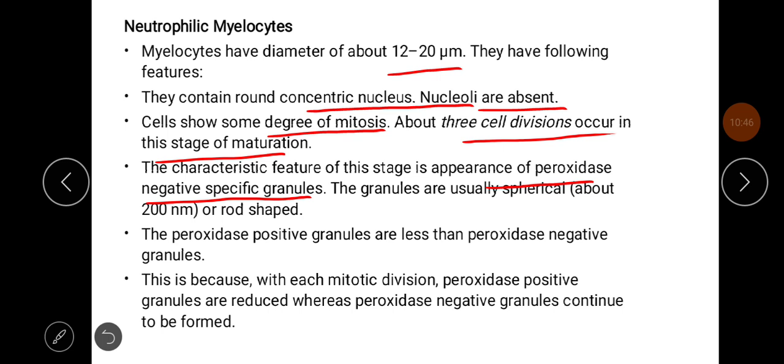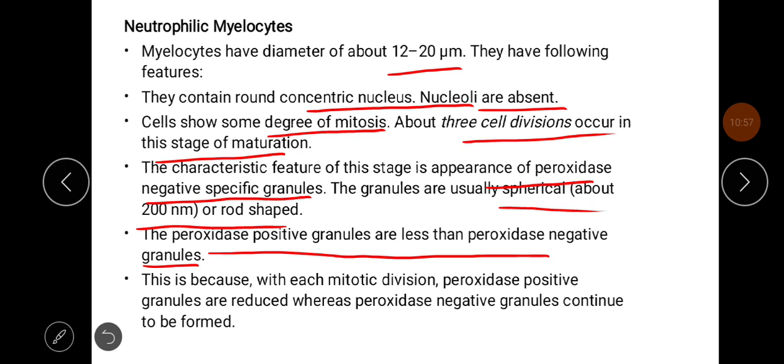The granules are usually spherical, about 200 nanometers, and or rod shaped. The peroxidase positive granules are fewer than peroxidase negative granules. This is because with each mitotic division, peroxidase positive granules are reduced, whereas peroxidase negative granules continue to be formed.